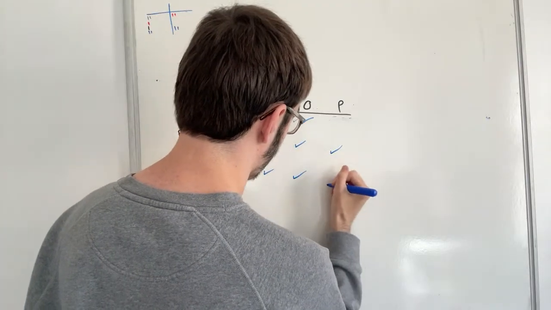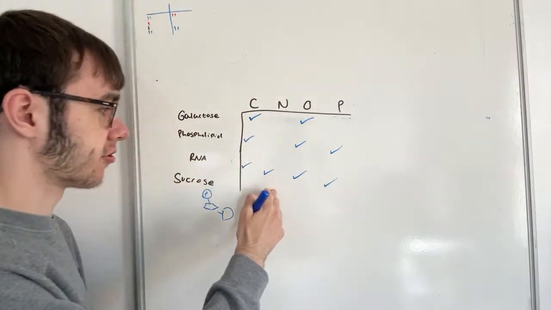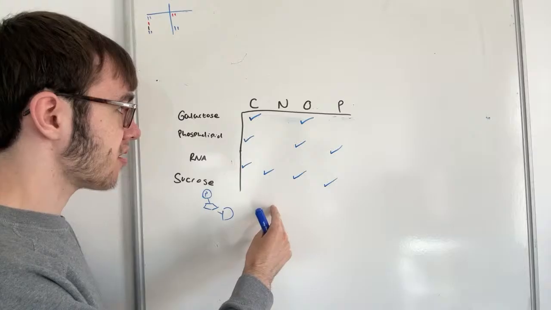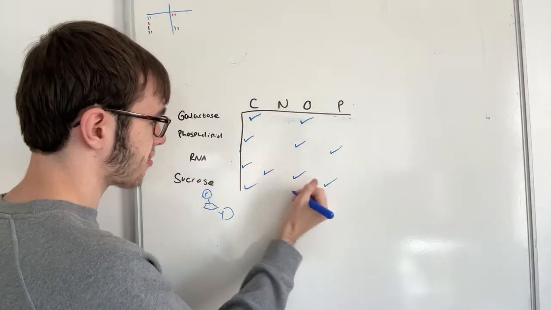The base contains nitrogen because it's a nitrogenous base. Phosphate. Sucrose is gonna be the same as galactose, I believe.